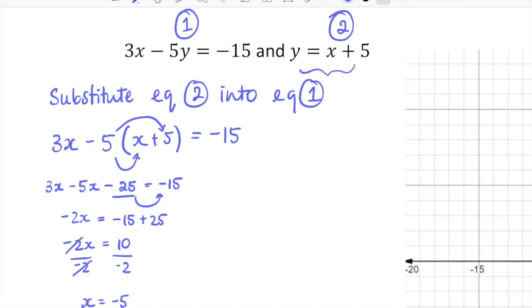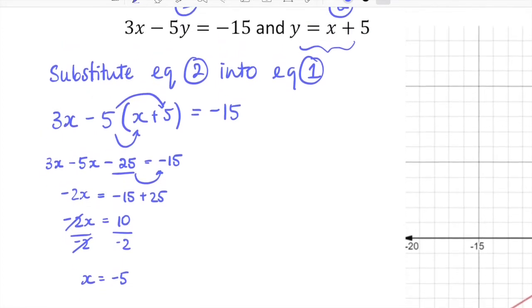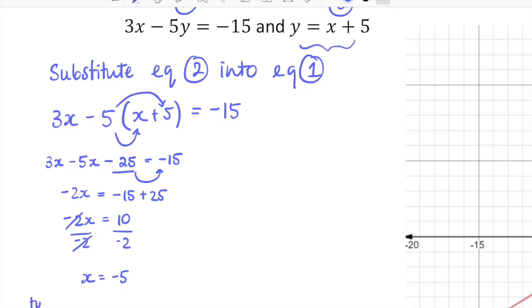What that's telling me is that when these two lines meet, it's when x is equal to negative 5. However, we know that's not complete yet, because we need to work out what the y value is, to complete this set of coordinates. So to find y, we can substitute x equals negative 5 into either equation 1 or equation 2.